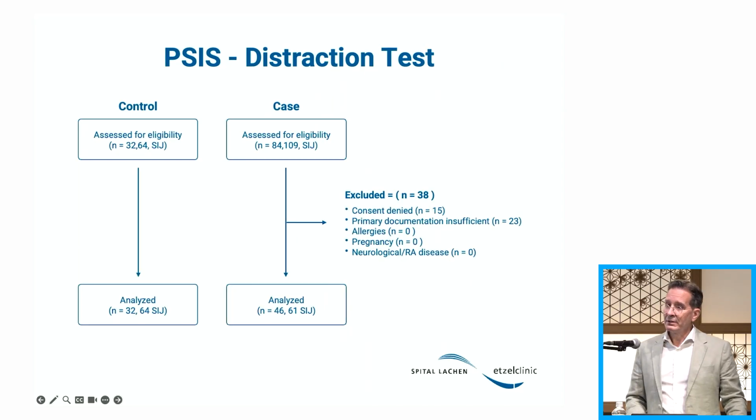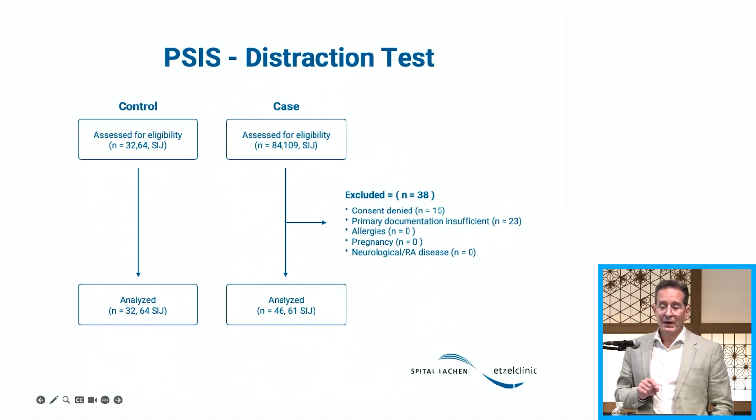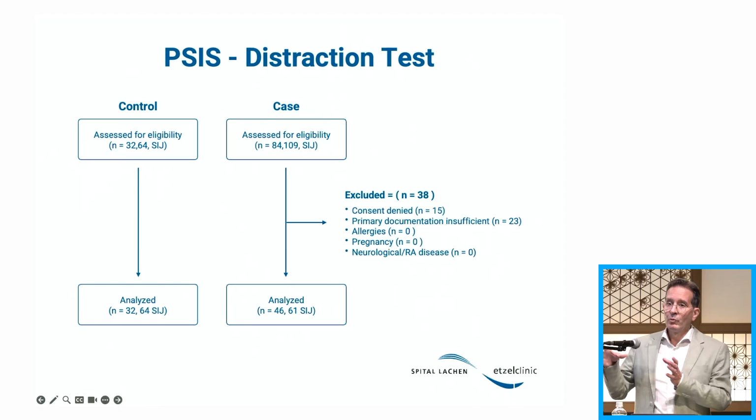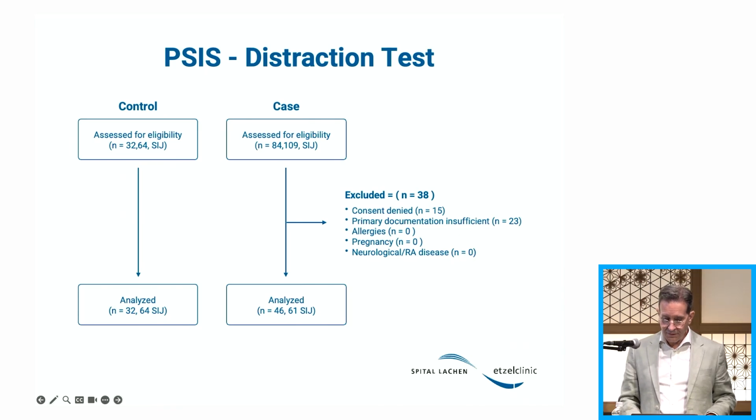And we had basically two arms. We had the patients that had a positive intra-articular reaction to almost 100%. We took those patients and we did all the tests with them and compared the PSIS distraction test to Gaenslen's, Faber's, thigh thrust, and so on.